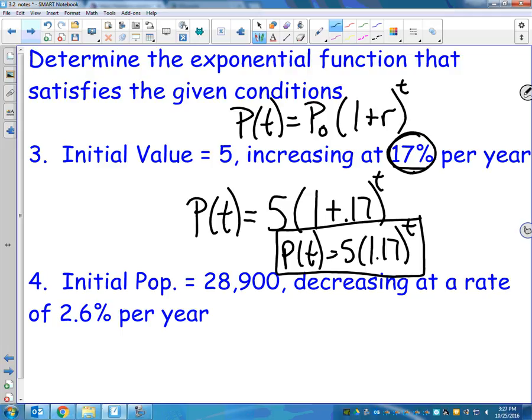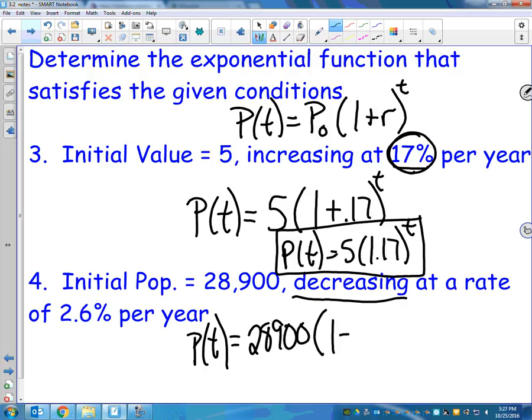All right, so then number 4 here, it's decreasing. I'm going to have you do this one as a question. But remember, because it's decreasing, that means that r is negative, so we're actually going to be subtracting.